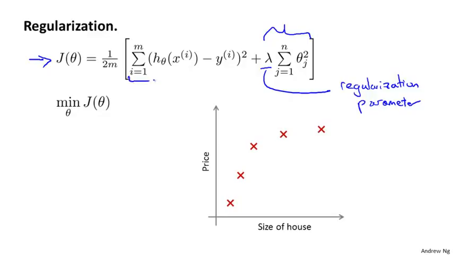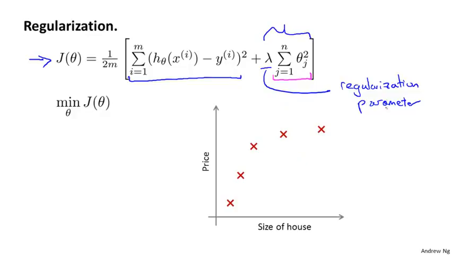The first goal, captured by the first term in the objective, is that we would like to fit the training set well. And the second goal is we want to keep the parameters small, and that's captured by the second term, the regularization term.